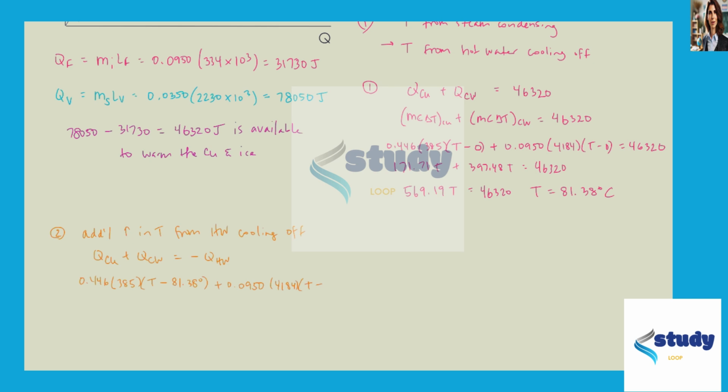And again, our temperature is going to be some final temperature, but this stuff is starting at 81.38 degrees Celsius. And that's going to be equal to minus the mass of our steam that's now hot water, 0.035 kilograms, times 4184, times a final temperature minus the 100 degrees where it starts.